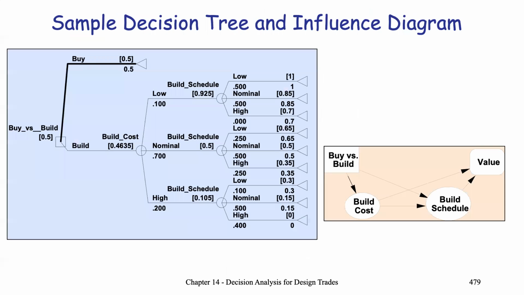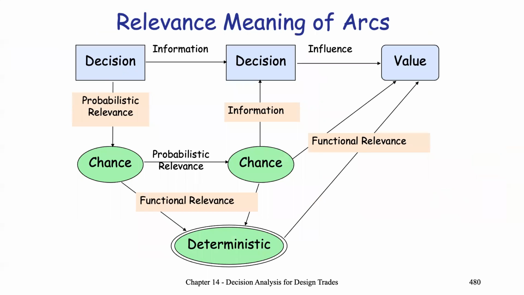Here is a sample decision tree and an influence diagram. We can start to see how this gets to be a larger number of nodes as we work our way through this tree. We also see an influence diagram as we're trying to figure out if we want to do a build or buy trade in this other diagram. Here's a relevance diagram that shows the relevance meaning of arcs.